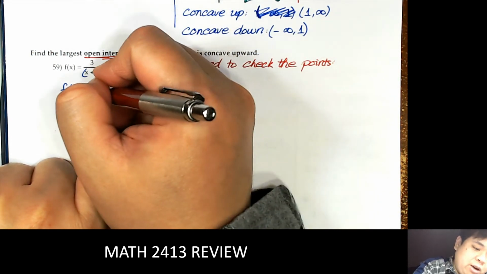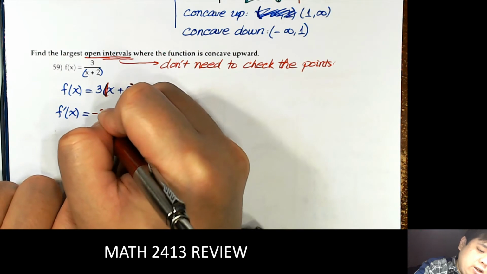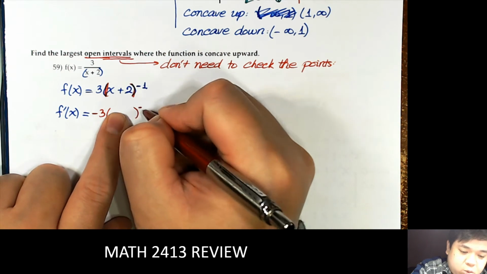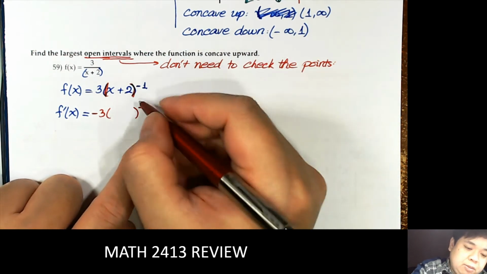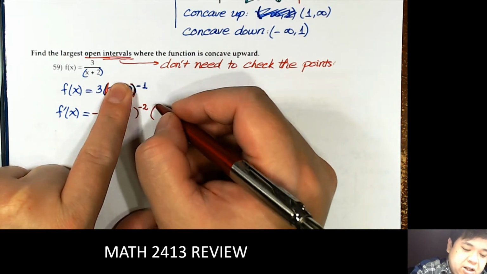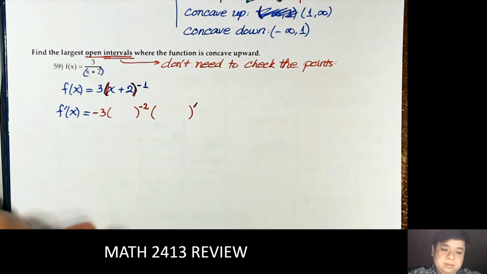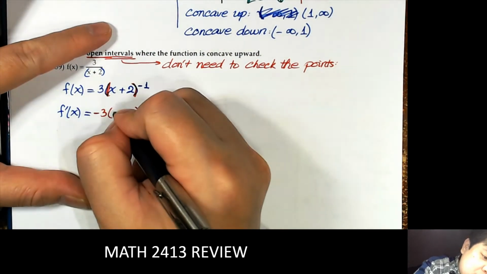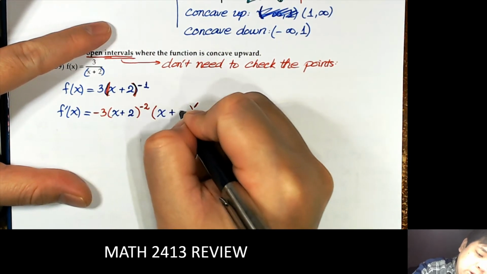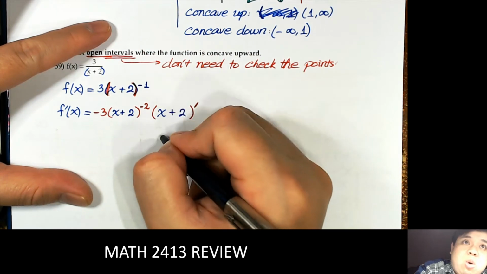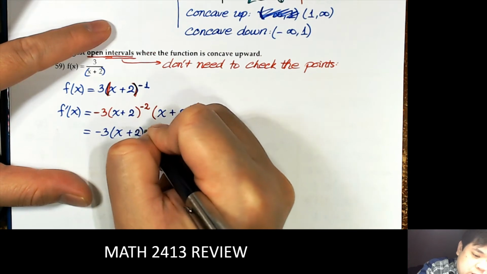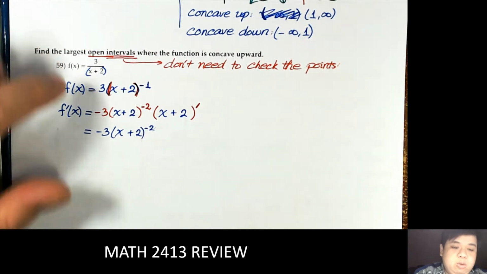Take the negative power down, giving us negative 3, the parentheses, and original power minus 1, which is negative 2. Then we take the derivative of the inside. The derivative of x plus 2 is just 1. So we have negative 3 times x plus 2 to the negative 2, times 1.